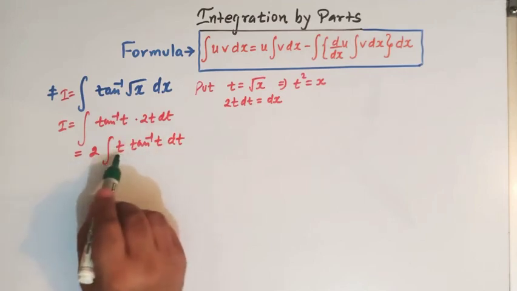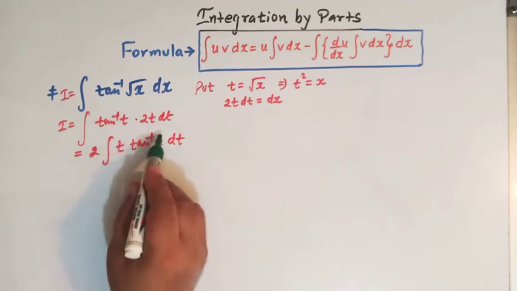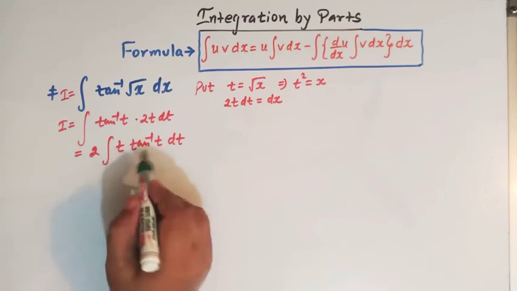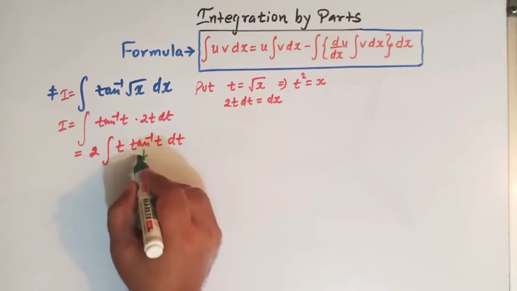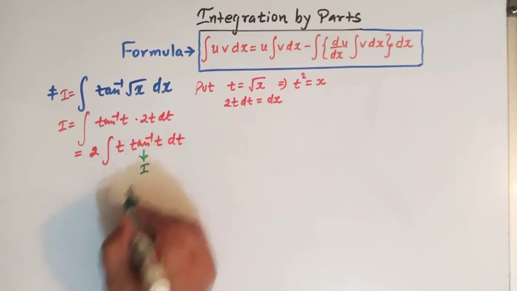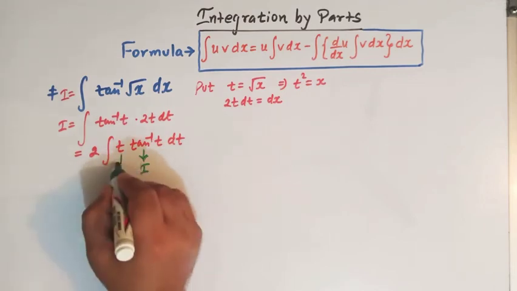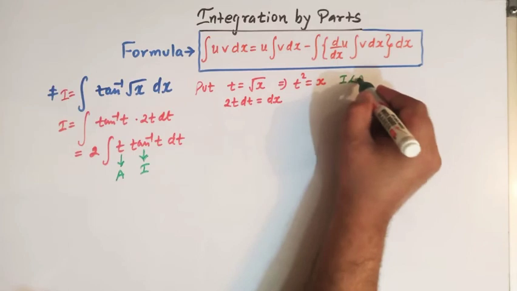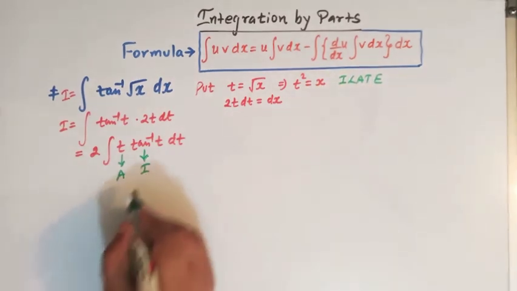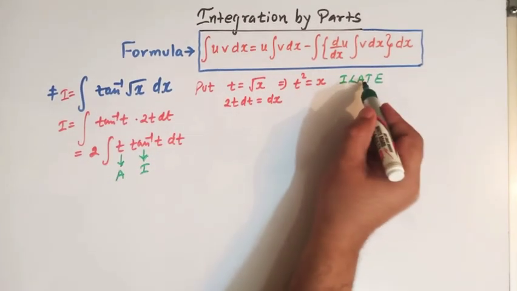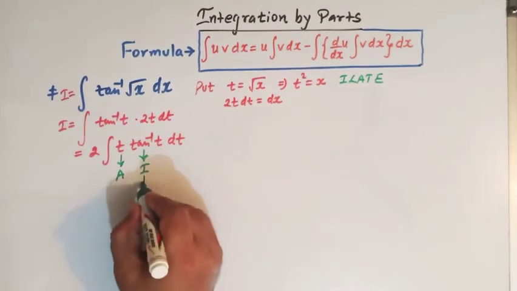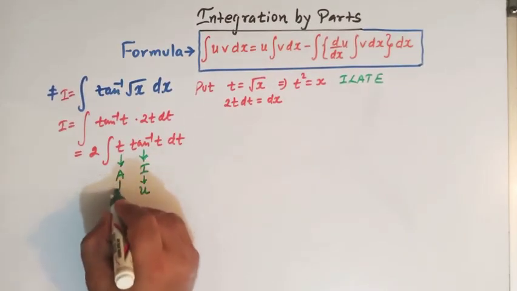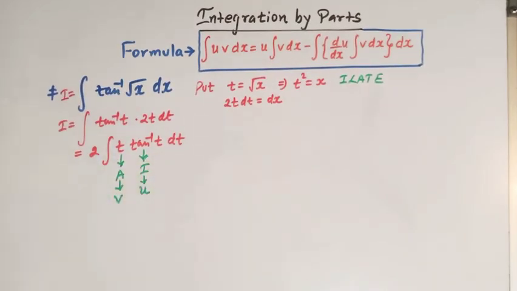Now this integral becomes a product of two functions. This is the inverse trigonometric function, and this is the algebraic, and here we will make use of ILATE, and I comes before A, so this is the first function and this is the second function.